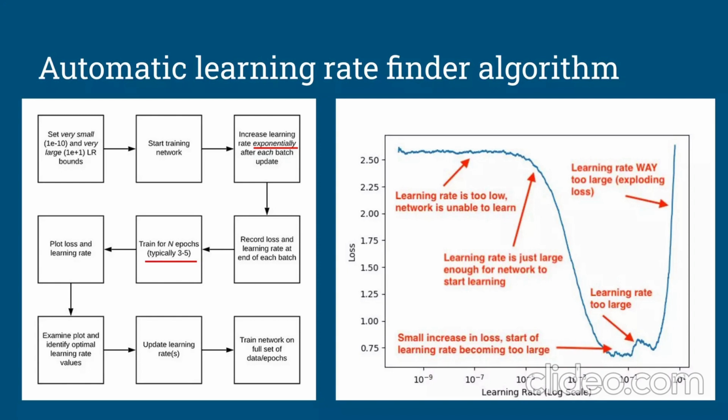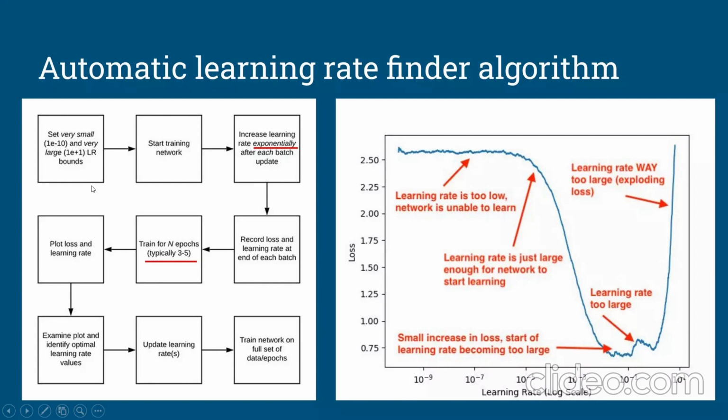In this graph we can see that the loss will start to decrease rapidly as we increase the step size, and there will be one point where the loss function starts to increase again, and this is the point where we have to choose our learning rate.